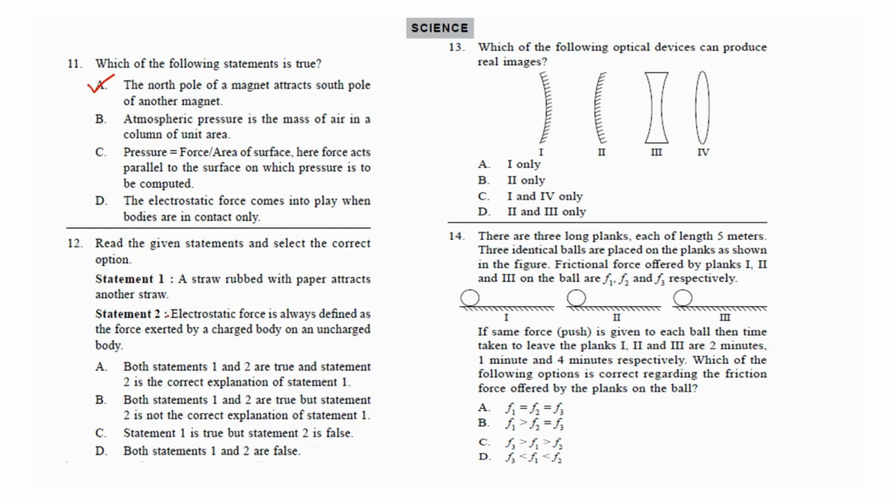The second statement says electrostatic force is always defined as the force exerted by a charged body on an uncharged body. This is the wrong statement. Why? Because electrostatic force is an attractive or repulsive force between particles that is caused due to electric charge. So the second statement is wrong. The first statement is true, the second statement is false, so our answer should be option number C.